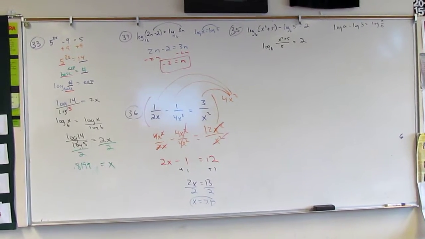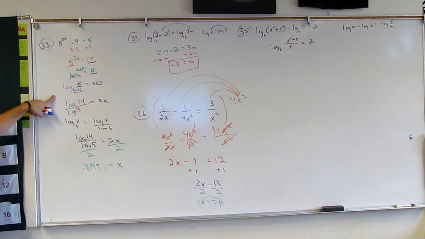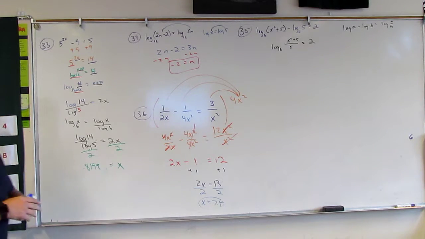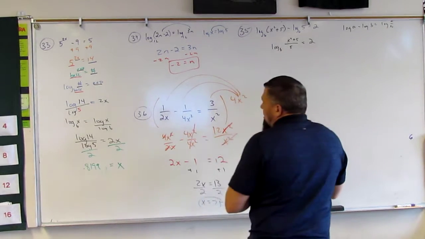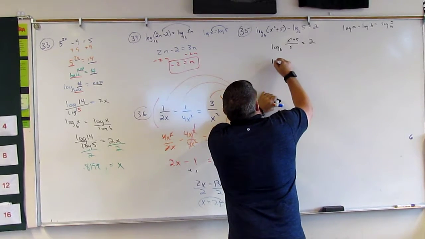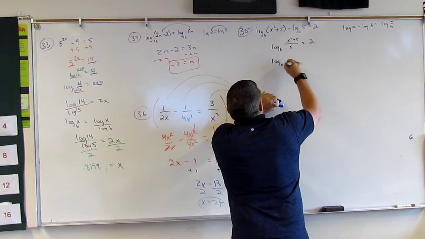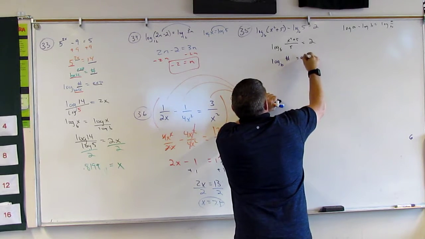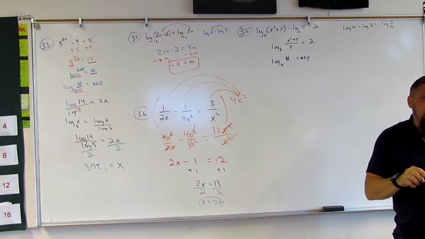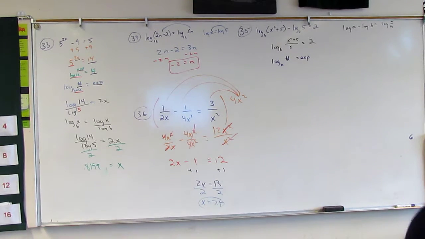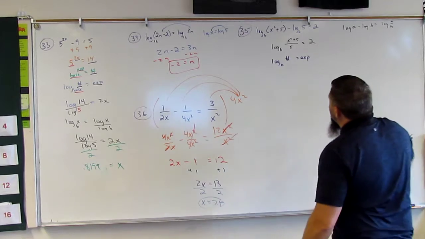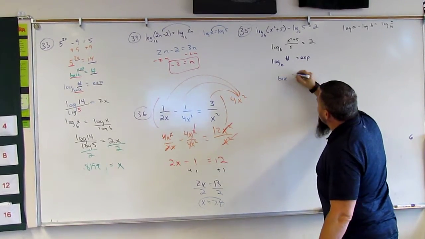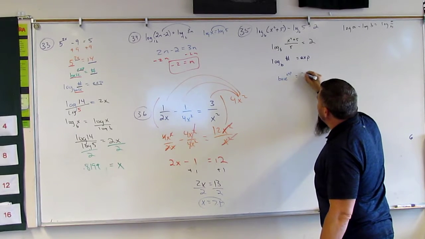Now we're going to do the same thing we did over here, except backwards. Log base b of a number is equal to an exponent, and so what we're going to do is the base raised to the exponent is equal to the number.